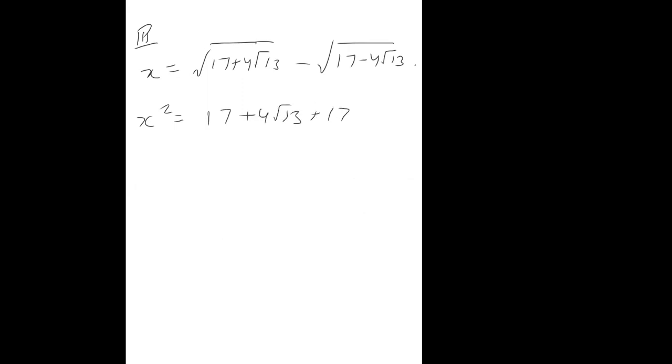look into this. X is equal to under root of 17 plus 4 root 13 minus under root of 17 minus 4 root 13, right? Squaring both sides, x square is equal to a square plus b square minus 2, 289 minus 16 into 13.